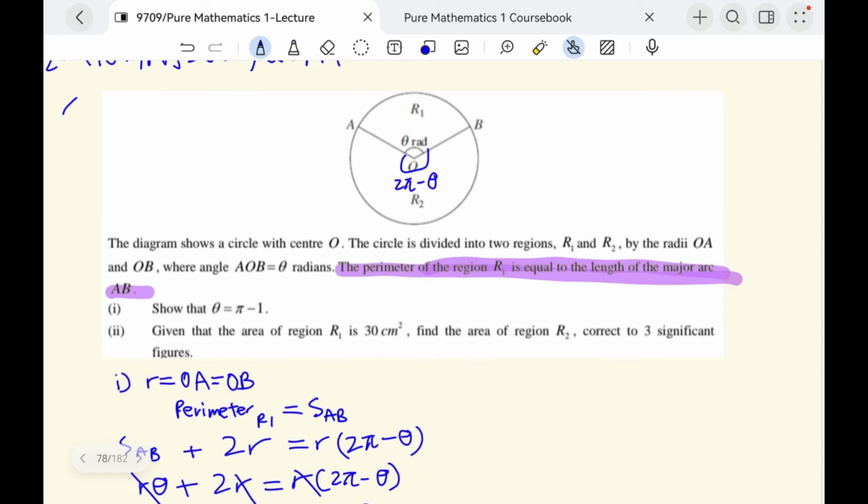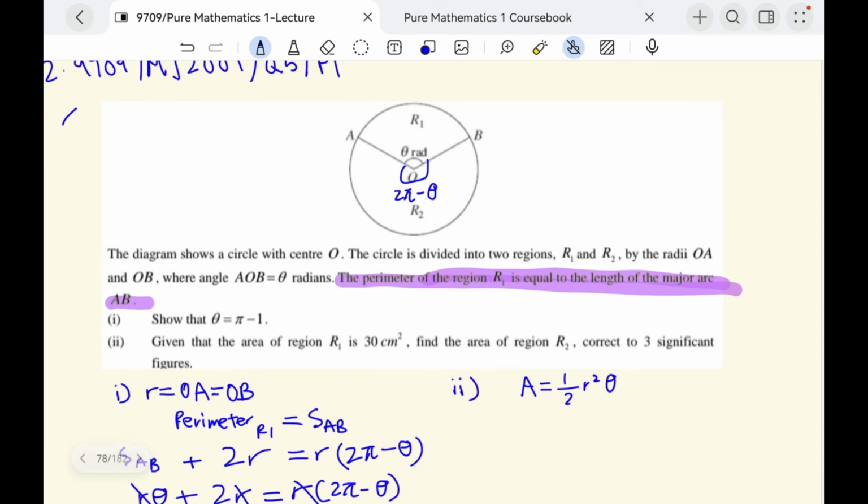Given that the area of region 1 is 30 cm squared, find the area of region 2 correct to 3 significant figures. So what is the formula of the area of the sector for region 1? It is A equals half r squared theta.